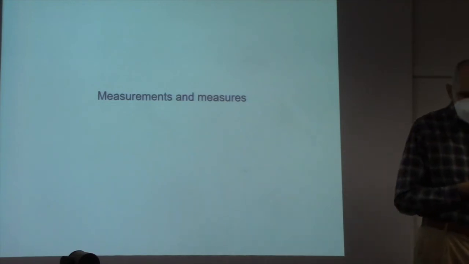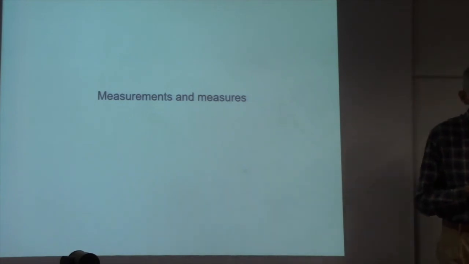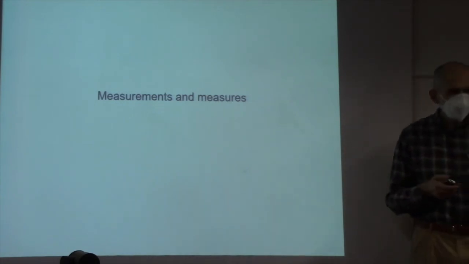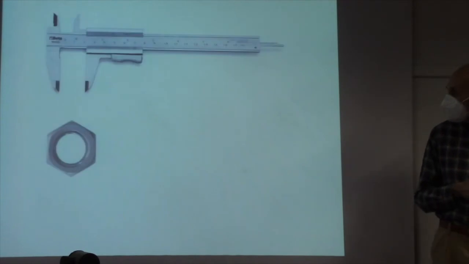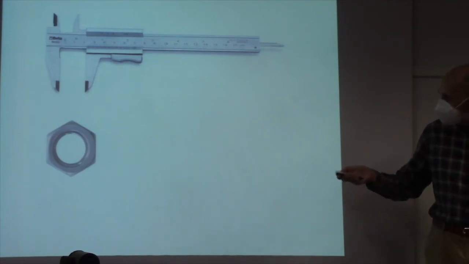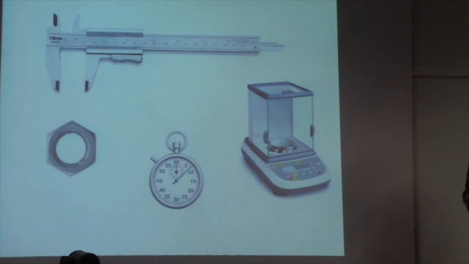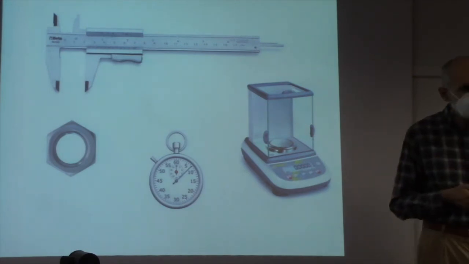For example, of course, measurement and measures are widespread in science as well as in everyday life. We commonly measure lengths, here for example the diameter, weight, times, etc. We measure many things.